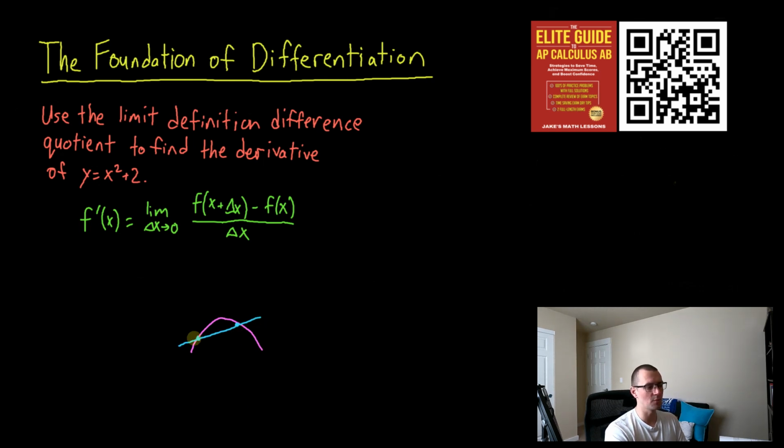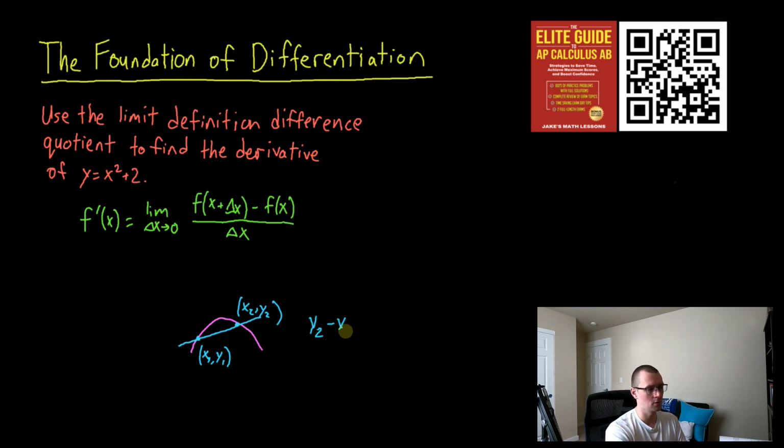The slope of this line right here would be the slope of the secant line. We would just simply find that by looking at this x value and this y value. We'll call it x1, y1, and x2, y2. You could just calculate the slope between those 2 points using the slope formula, right?